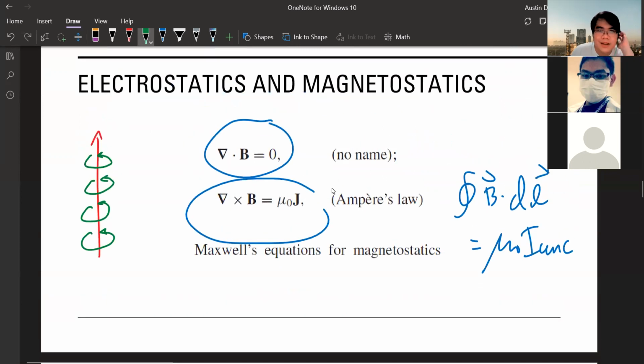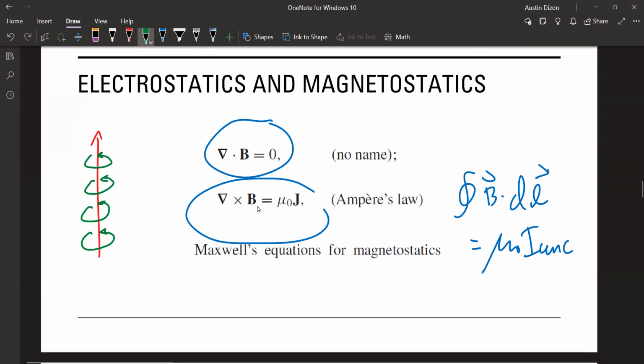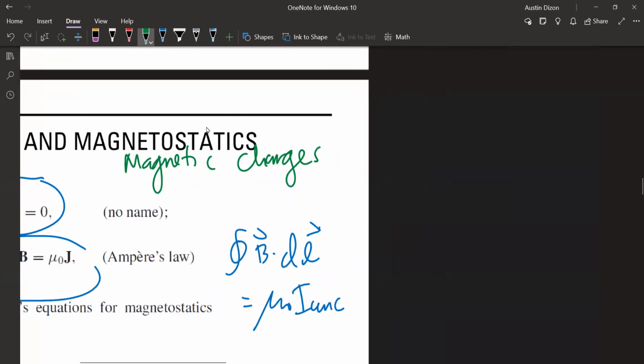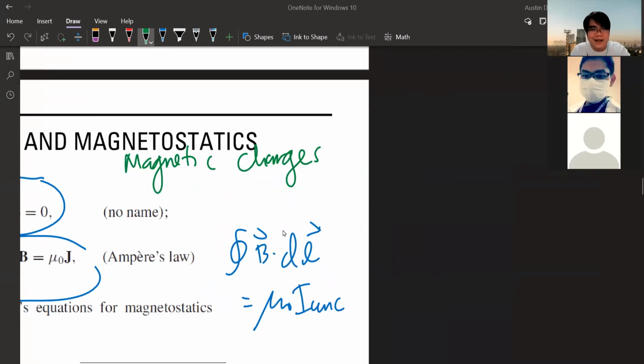Noong unang panahon, sila Coulomb, akala nila yung magnetic field ay due to magnetic charges. Magnetic charges, or in our modern day term, magnetic monopoles, kung alam niyo siya.